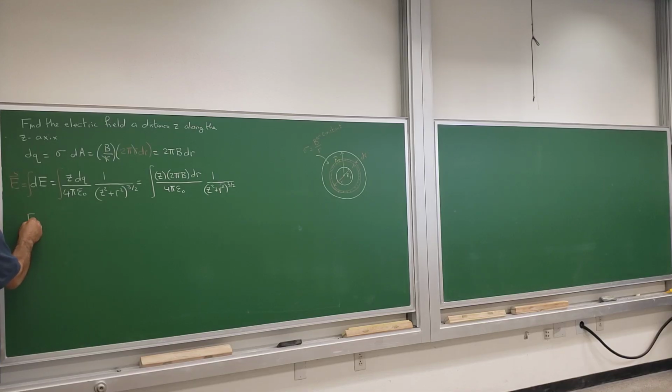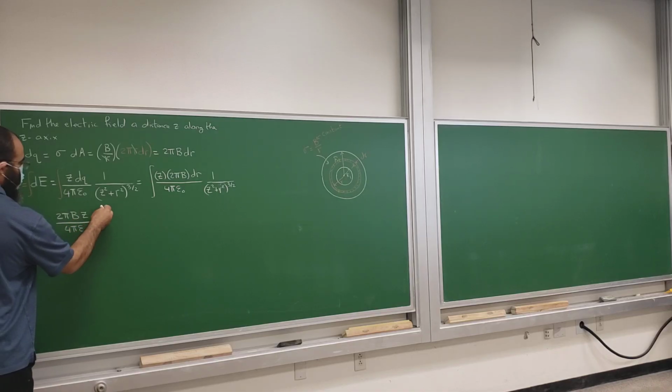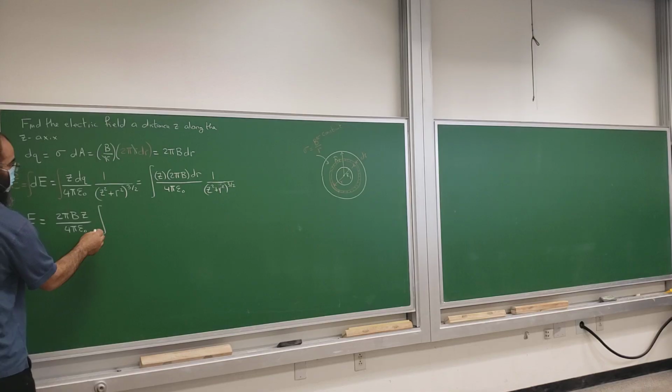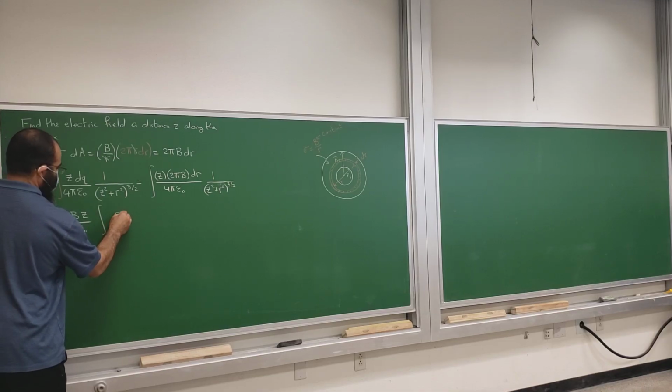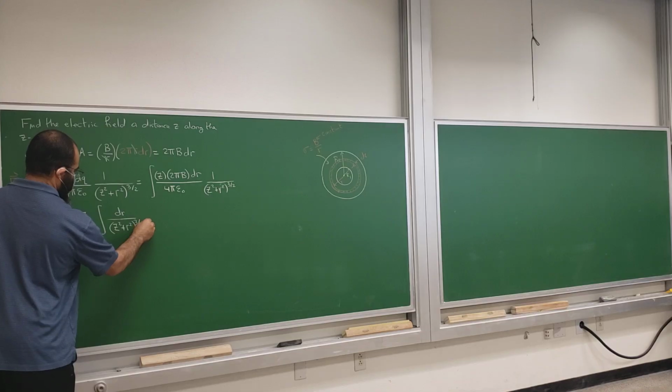So E would be 2 pi b z over 4 pi epsilon naught times the integral of dr over z squared plus r squared to the 3 halves.